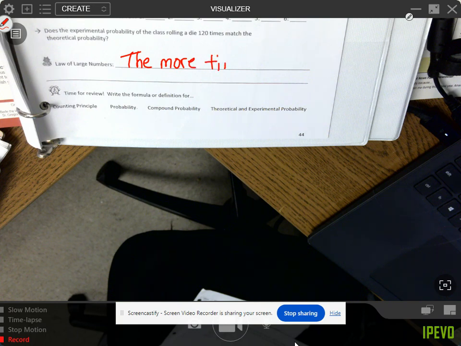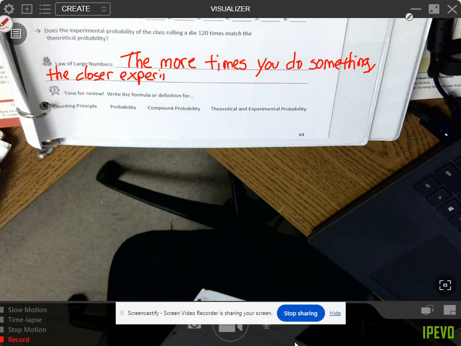The more times you do something, the closer experimental probability gets to theoretical probability.